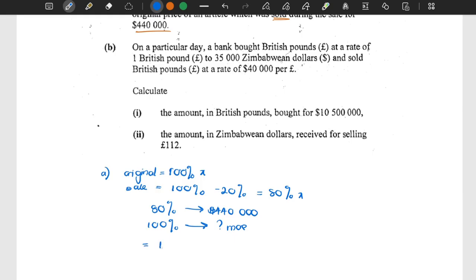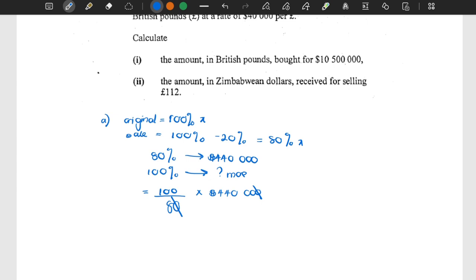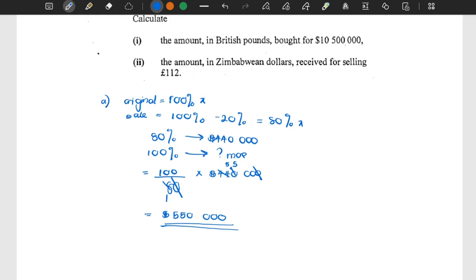So that will be equal to 100 over 80 times 440,000. 8 into 44, that's going to be 5. Remember 4, 8 into 40, that's 5. And then multiply that, that's going to be $550,000. That was the original price.